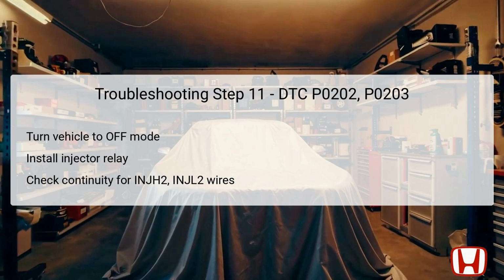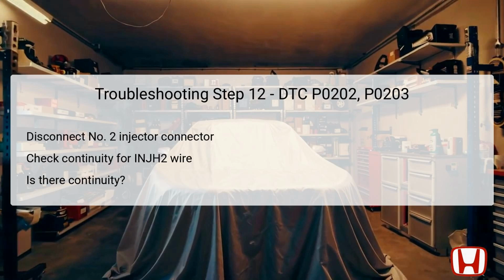Measure for continuity across the INJH2 and INJL2 wires, as these correspond directly to the number 2 injector circuitry. Successful continuity indicates no issues in the wires, allowing you to proceed to follow-up checks. Any failure in this continuity would task you with finding and repairing open circuits in either the INJH2 or INJL2 wiring.